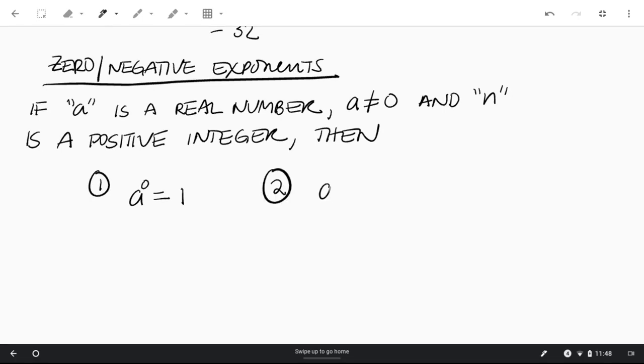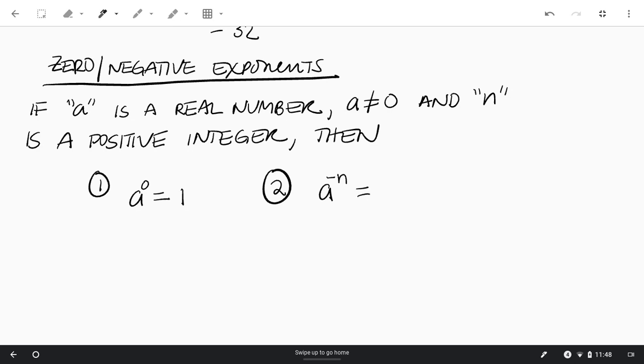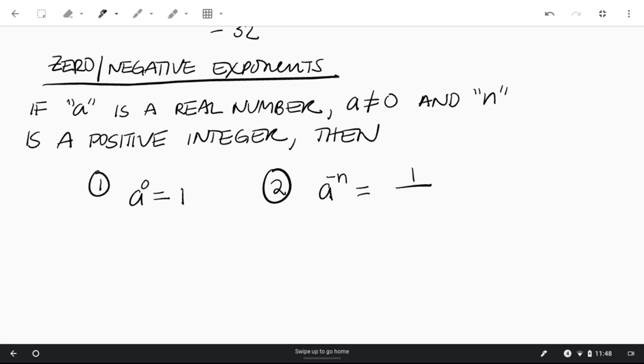And then the other thing is that if you have some number, again, not 0, and you raise it to a negative exponent, then here we get the reciprocal. So when you take the reciprocal, then that exponent becomes positive.